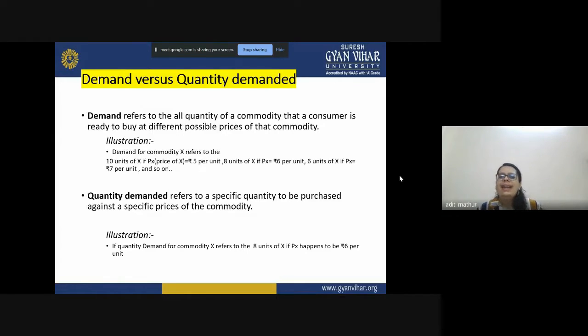Or I will buy 8 units if it is 6 per unit. Or I will buy product X 6 units if the price is 7. So what I'm saying is that I am giving all the quantity which I'm ready to buy at different levels of the prices. That means what I'm ready to buy at 5 rupees, what I'm ready to buy at 6 rupees, what I'm ready to buy at 7 rupees, and so on.